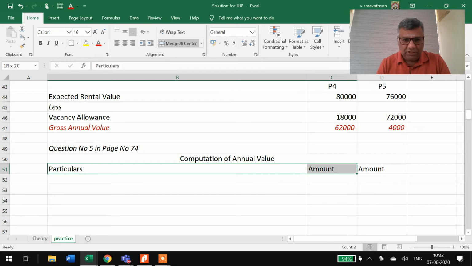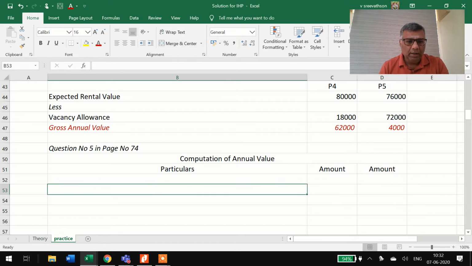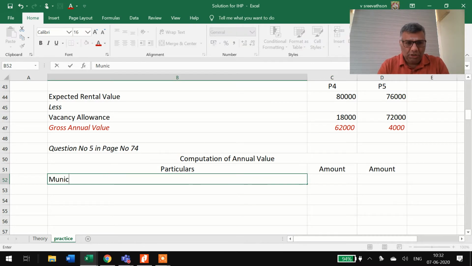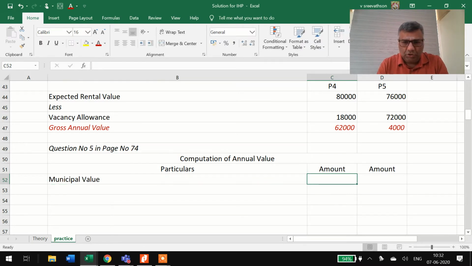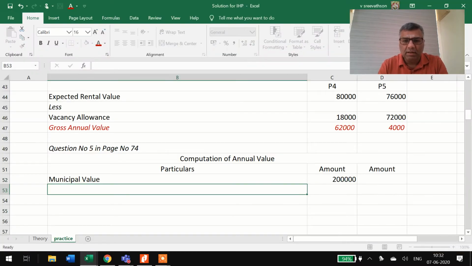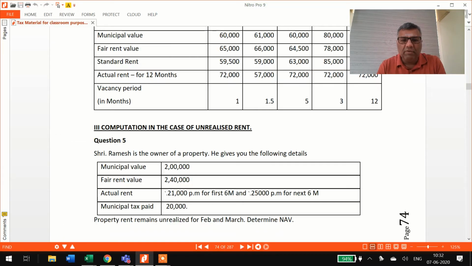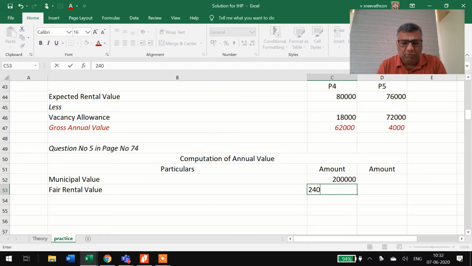For your ease of understanding, I will write it fully this time. Municipal value is going to be 2 lakhs. Fair rental value is going to be 2,40,000.